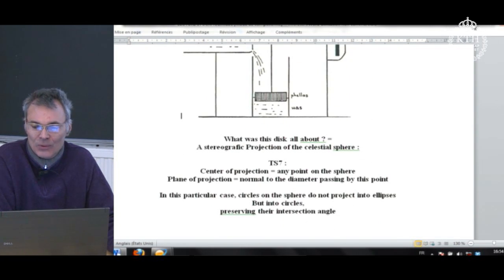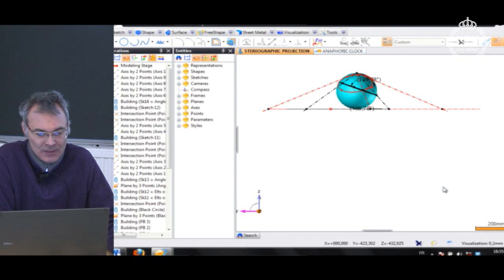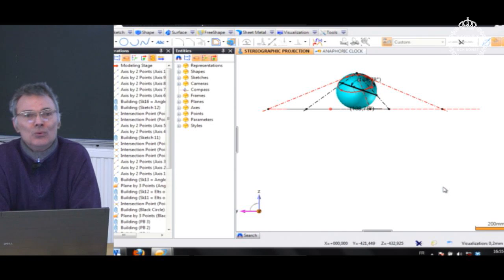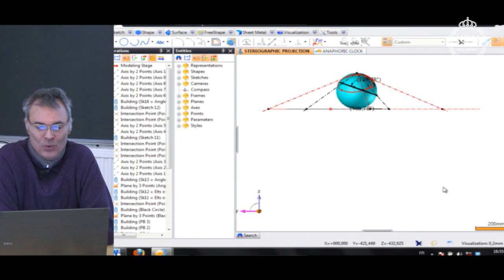So all the question is, what was this disc all about? In order to understand that, you have to remember what a stereographic projection is. So stereographic projection is based on a sphere.